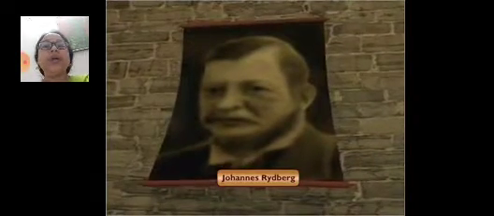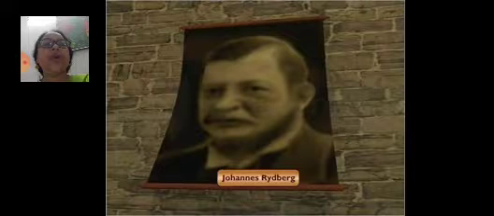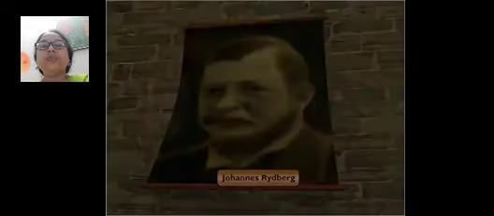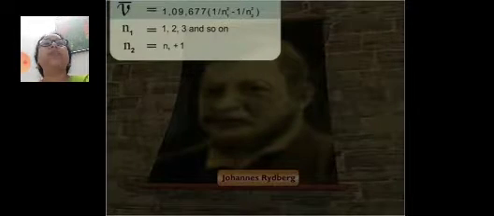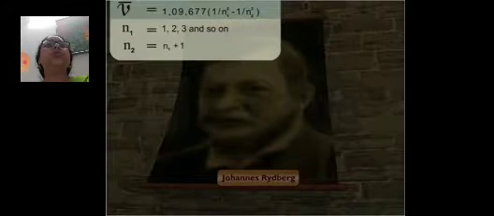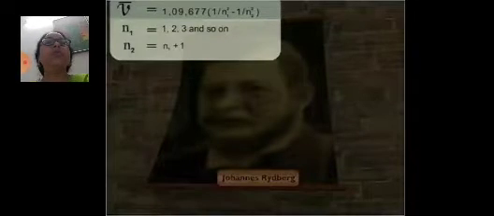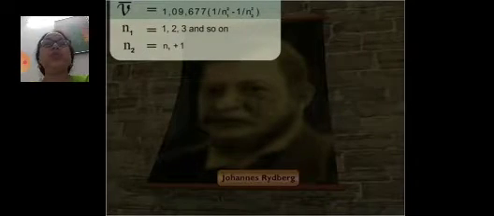The Swedish scientist Johannes Rydberg noted that all the series of lines of hydrogen spectrum can be described by the expression ν̄ equals 1.09677 into 1 upon n1 square minus 1 upon n2 square, where n1 equals 1, 2, 3 and so on, and n2 equals n1 plus 1, n1 plus 2 and so on.